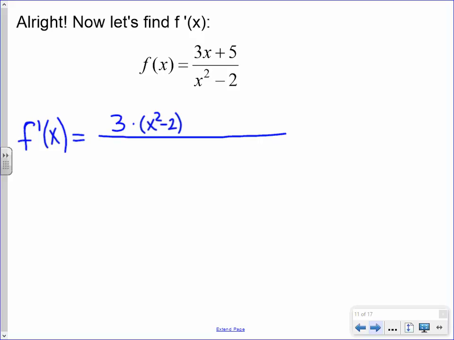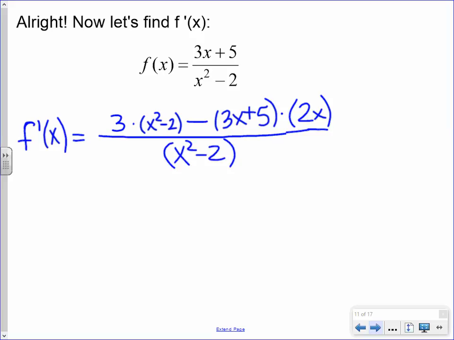So the derivative of our numerator times our denominator. Minus, we keep the numerator the way that it is, high times d low. What's the derivative of our denominator? 2x. And then you're going to copy paste your denominator, put parentheses around it, and square it.